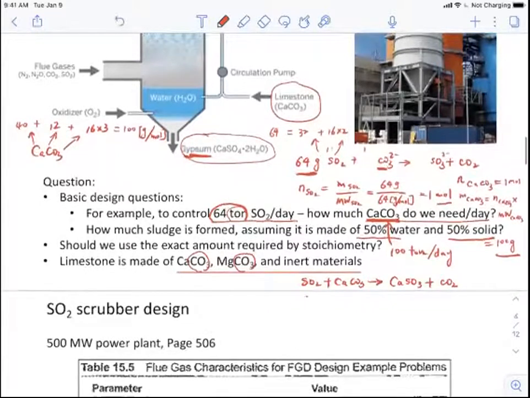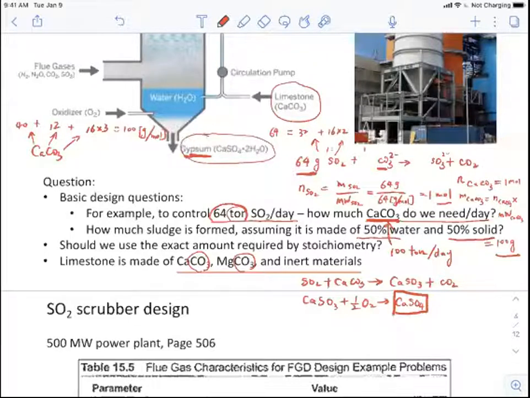And then we know that in the limestone scrubbing, we also oxidize the calcium sulfite to calcium sulfate, right? So basically, the solid that's being formed at the bottom of the scrubber is calcium sulfate.